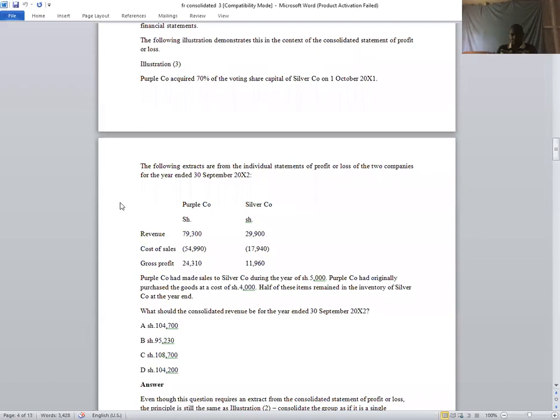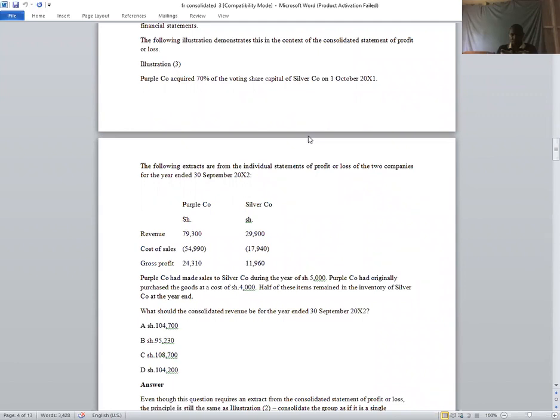So our group revenue in this case will be equal to the parent's revenue, which is 79,300, plus 29,900 for the subsidiary, minus the fake intra-sale, the fake sales within the family, which is 5,000.